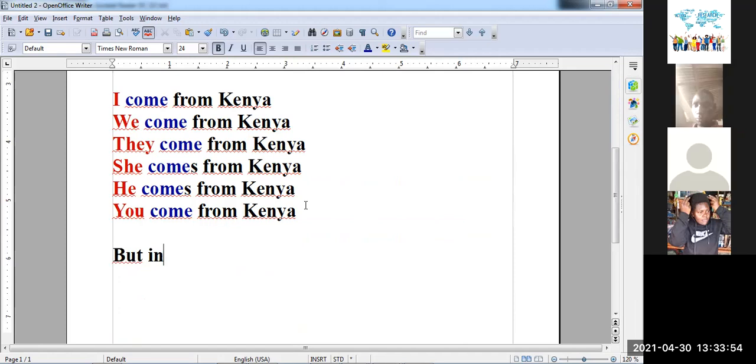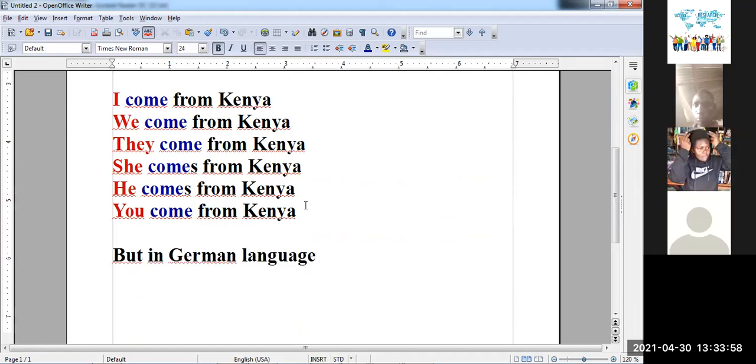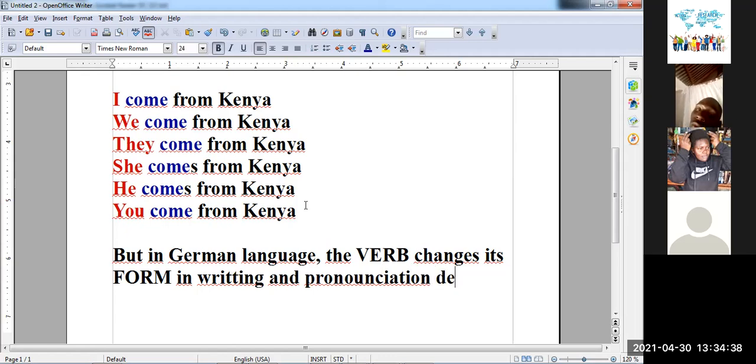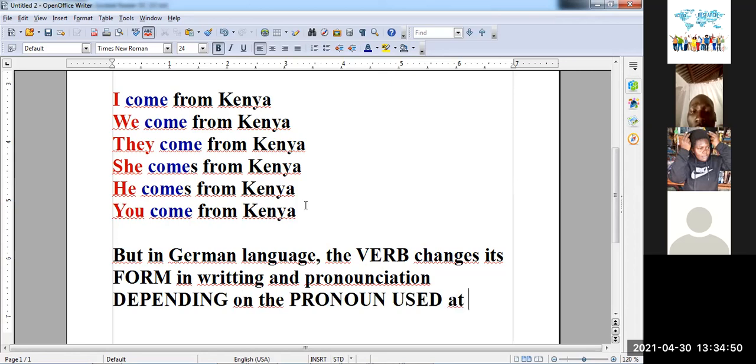But in German language, the verb changes its form in writing and pronunciation, depending, now take note, depending on the pronoun used at that time.